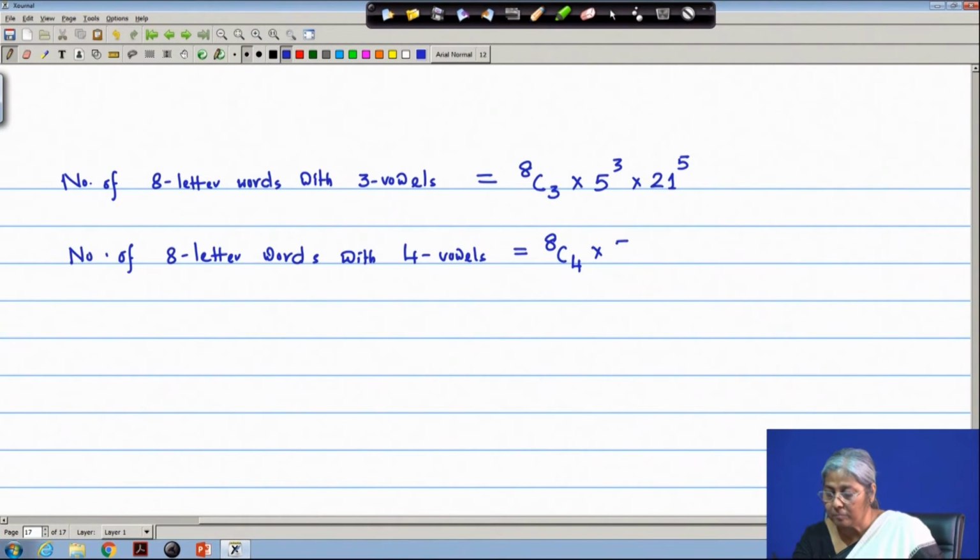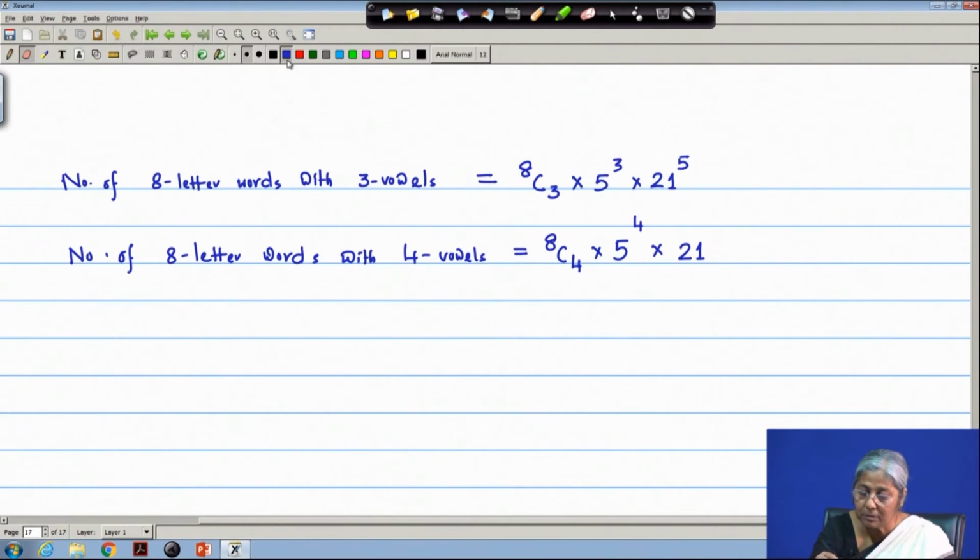There are 5 vowels and 4 places, so 5 to the power 4, and 21 consonants for the rest of the 4 places, because I have 8 places.